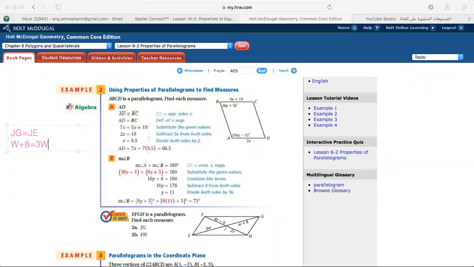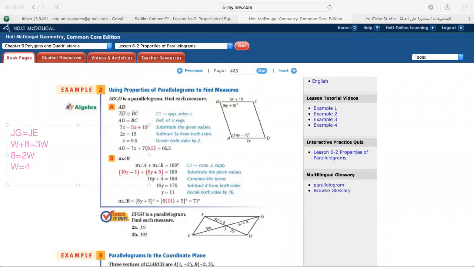Okay, subtract W from both sides to cancel the first W in the left side. So I will have here 8 is equal to 2W. So divide by 2 on both sides, so W is equal to 4.